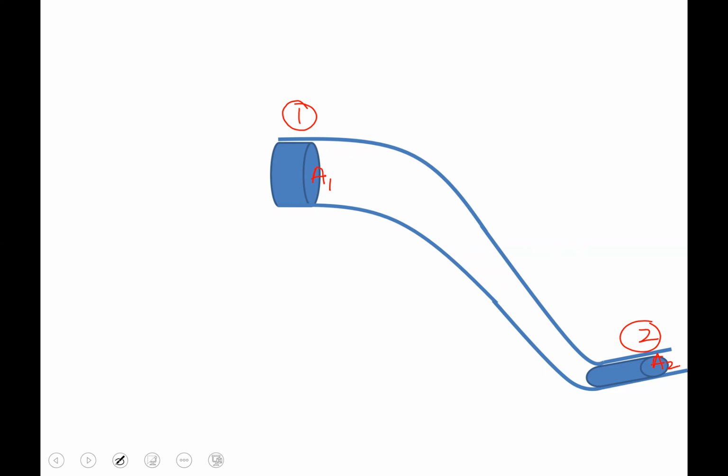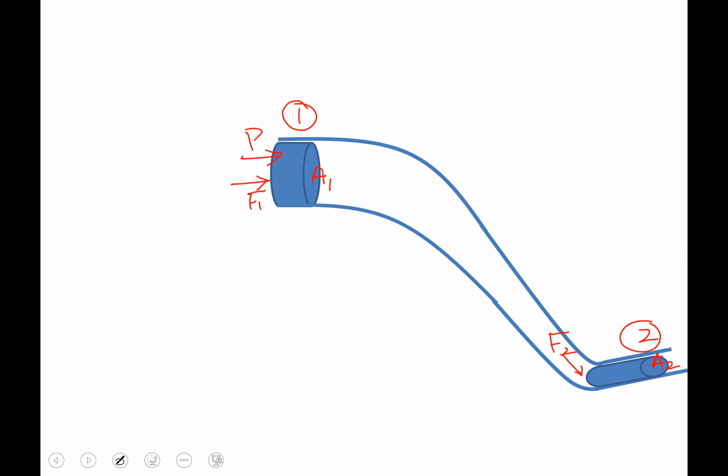Now, if we apply a force on one side of the pipe and the water flows from one side of the pipe to the other, let's say the force F1 is applied over here, and at the lower end, point 2, the force is applied over here. Let's call that F2. Because of that, the fluid will flow through the pipe. There will also be pressure on the liquid.